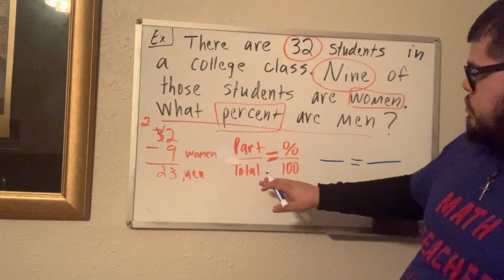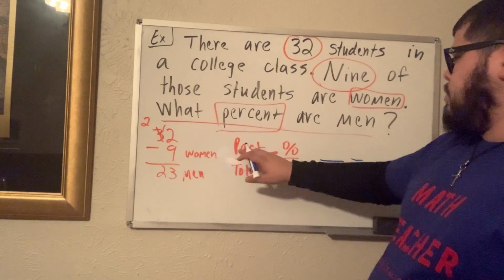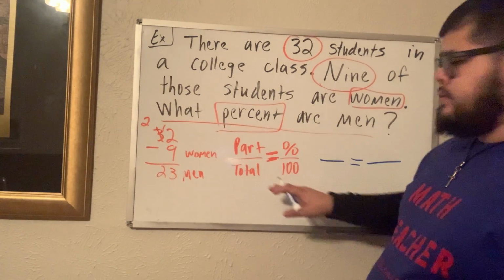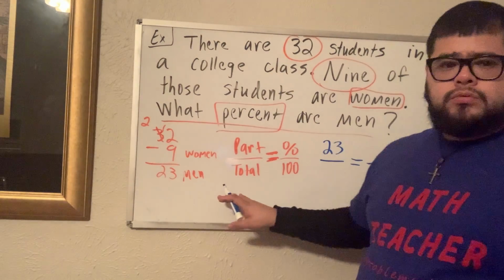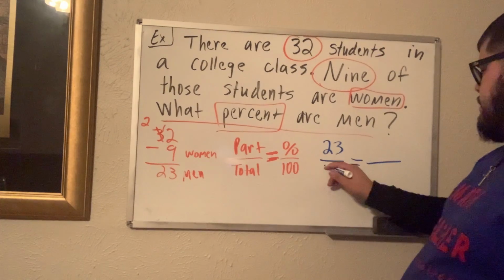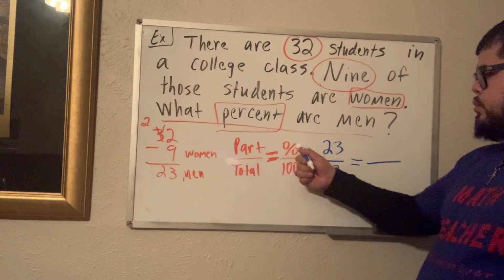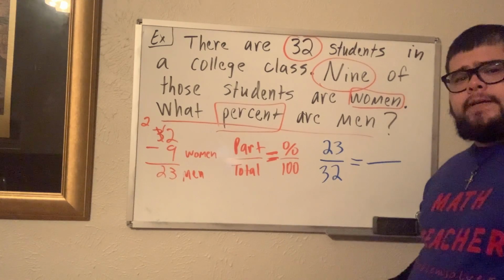Now, the question was asking us what percent are men. Part we're looking for is 23. The total, they gave it to us since the beginning, was 32. Do we know the percent?